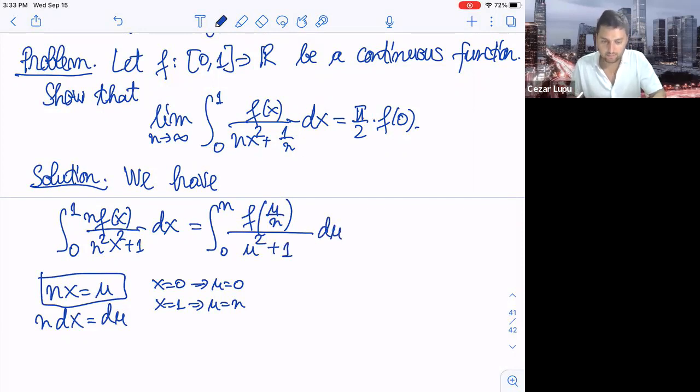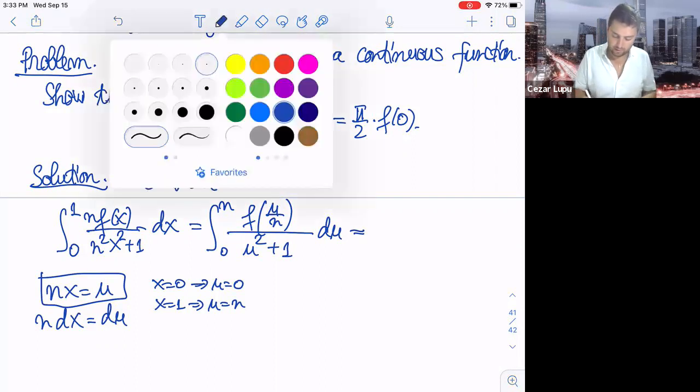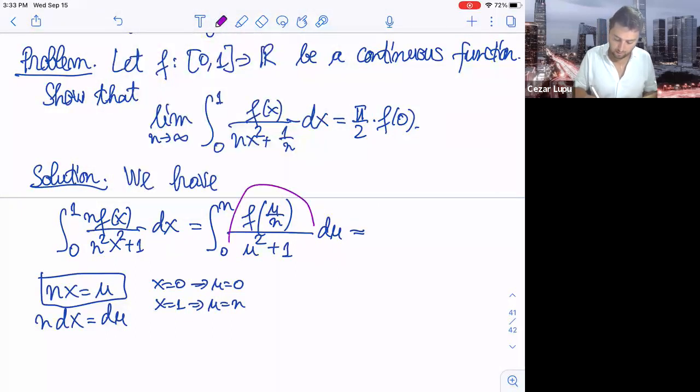If we want, we can express this when we pass to the limit, right? If we take this sequence of functions, this is f_n of u, right? But not quite. We should be careful a bit, and I want to be careful here.